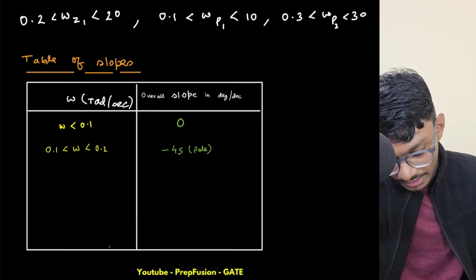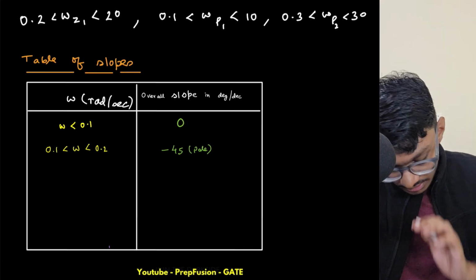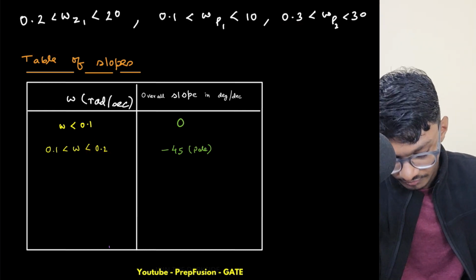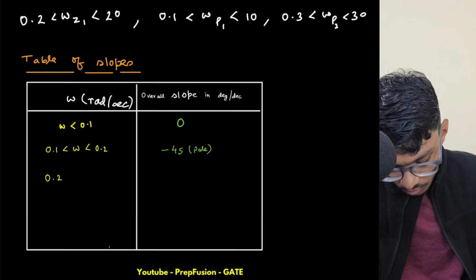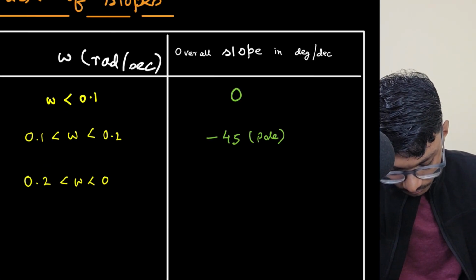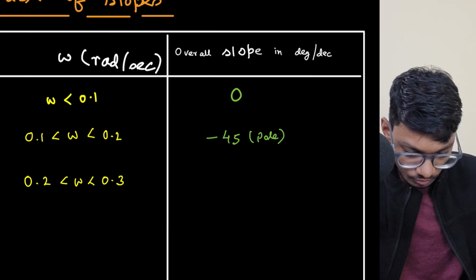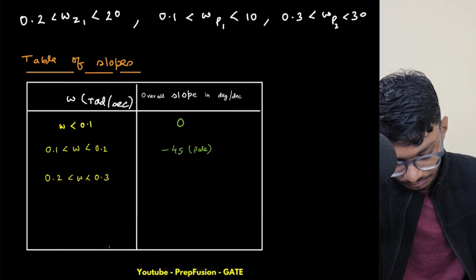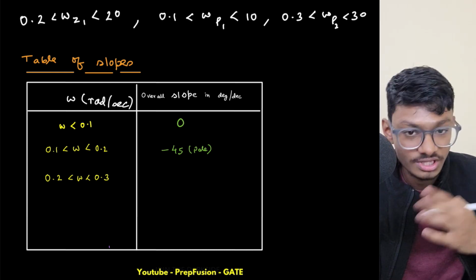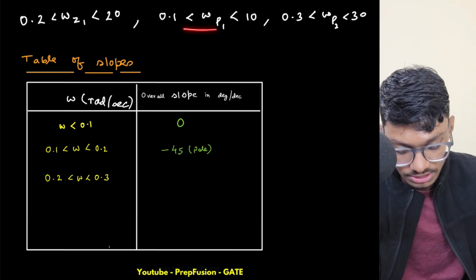Now again, what is the next least range after this 0.2? The next least value is 0.3. So I will vary from 0.2 to 0.3. If I vary from 0.2 to 0.3, whose effects are coming into play?